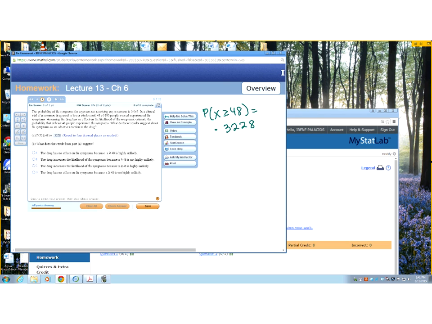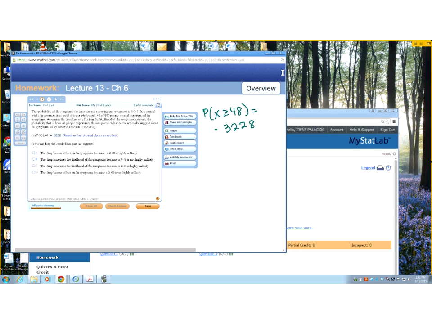Assuming the drug has no effect on the likelihood of flu symptoms, so we're assuming that the drug has no effect on whether or not you get the flu, what is the probability that at least 48 people experience flu symptoms? When we're saying at least 48, we're trying to find the probability that 48 people or more experience flu-like symptoms. So 48 or more people experiencing flu-like symptoms gives us a probability of 0.3228.